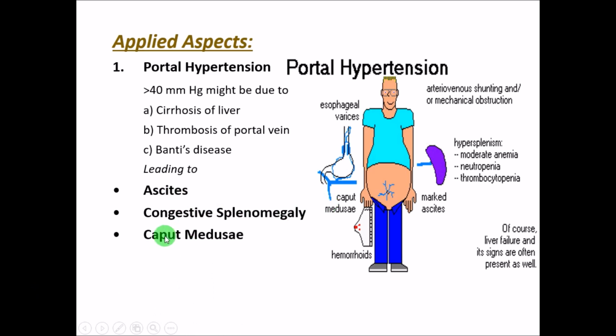Then a condition called caput medusae. We saw that there is communication between the portal vein and the systemic veins near the umbilicus. So whenever there is increased pressure in the portal vein, it leads to a condition where there will be spokes radiating near the umbilicus, which is called caput medusae. Then it also leads to esophageal varices, where there is communication between the systemic veins and the portal veins of the esophagus, as well as hemorrhoids near the lower part of the rectum and anal canal.